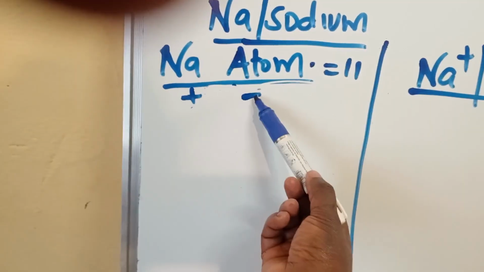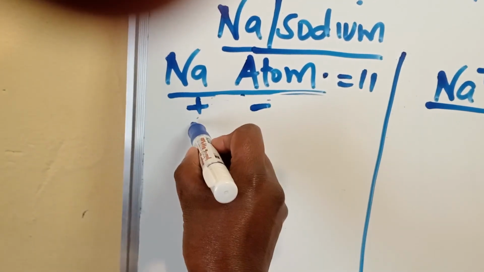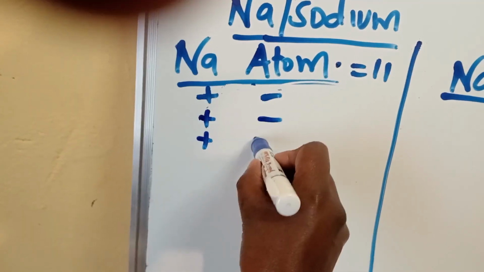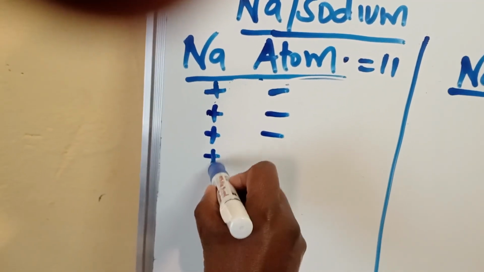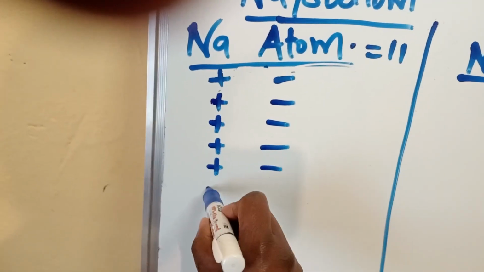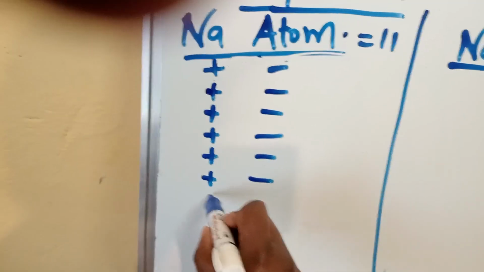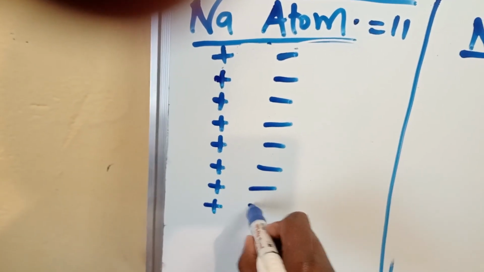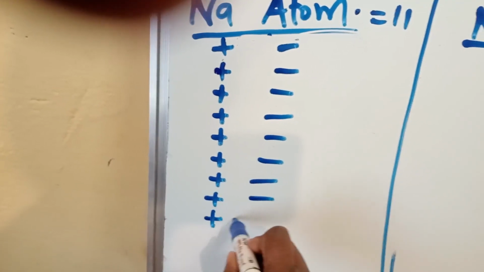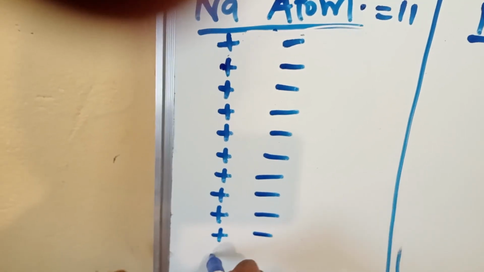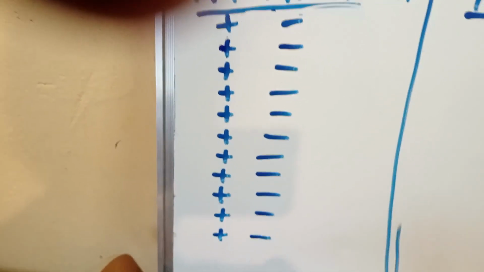So we will count together. So we have already written the first one. So 1, 2, 3, 4, 5, 6, 7, 8, 9, 10, 11.